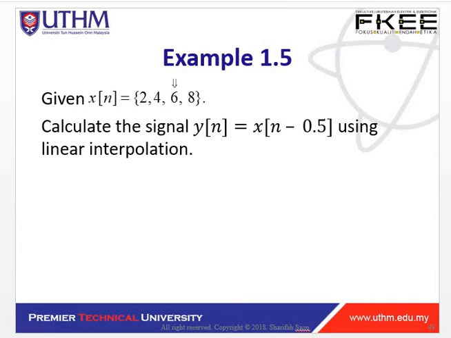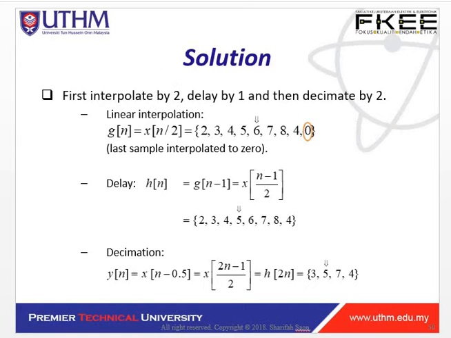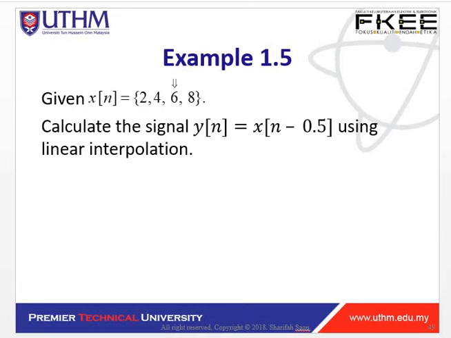Now let's look at the example. Given the xn is 2, 4, 6, 8, and the origin is at the 6, calculate the signal yn equal to xn minus 0.5 using the linear interpolation. So first of all, you need to change the xn minus 0.5 into this format.